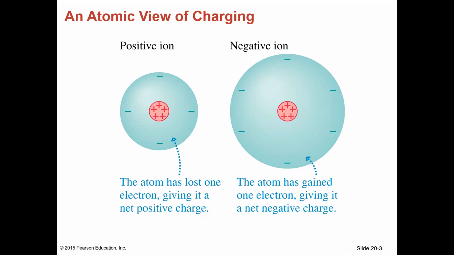So an atom loses one or more electrons, resulting in a net positive charge. That's a positive ion. And sometimes atoms may gain excessive electrons, resulting in negative ions. If you have taken chemistry, you have seen this many times.